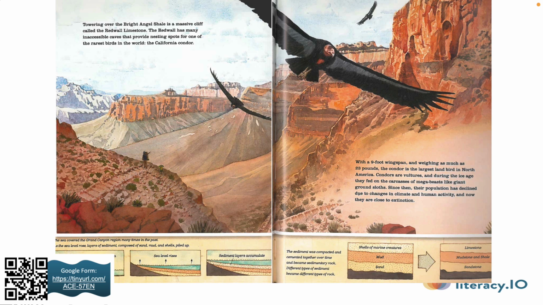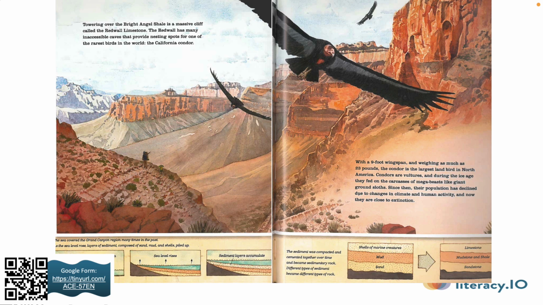Towering over the Bright Angel Shale is a massive cliff called Red Wall Limestone. The Red Wall has many inaccessible caves that provide nesting spots for one of the rarest birds in the world, the California condor. With a 9-foot wingspan and weighing as much as 23 pounds, the condor is the largest land bird in North America.